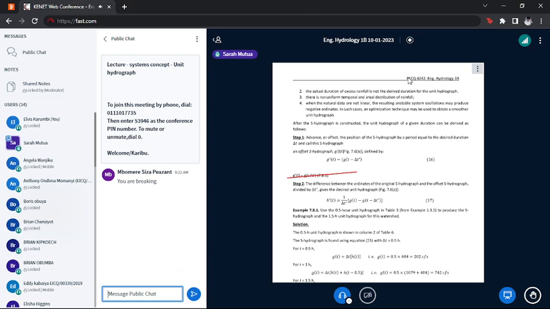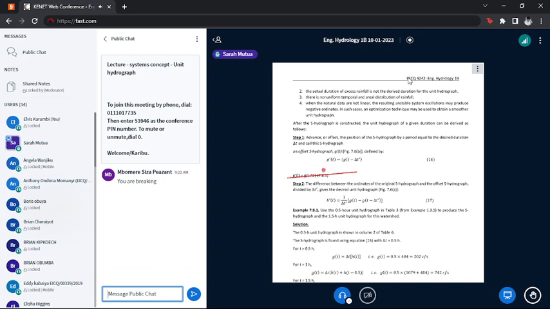Then in step 2, you subtract G of t minus G prime of t, and this will give the desired unit hydrograph h prime of t, shown and calculated in the form of equation 17.